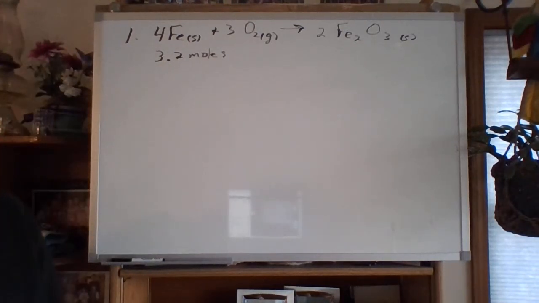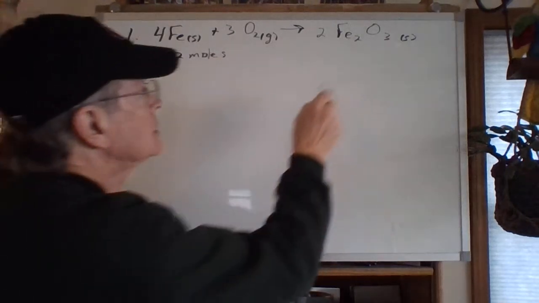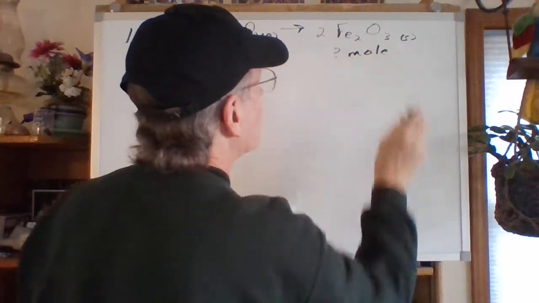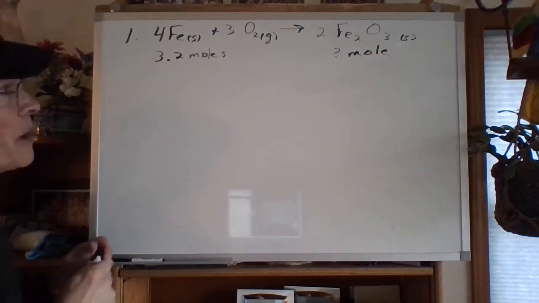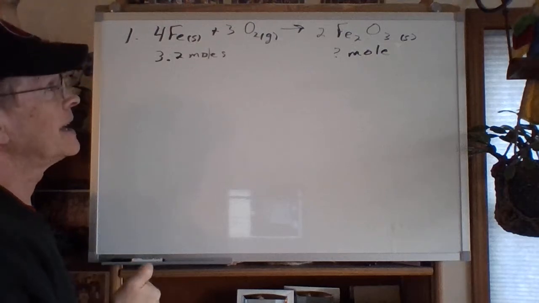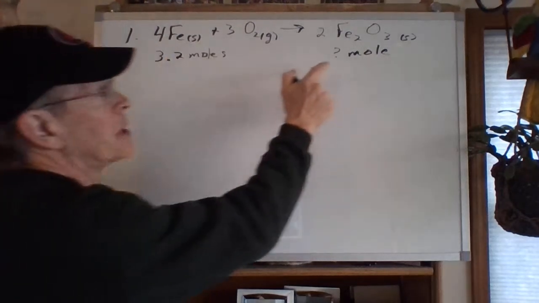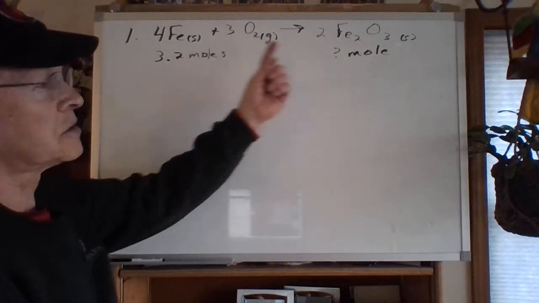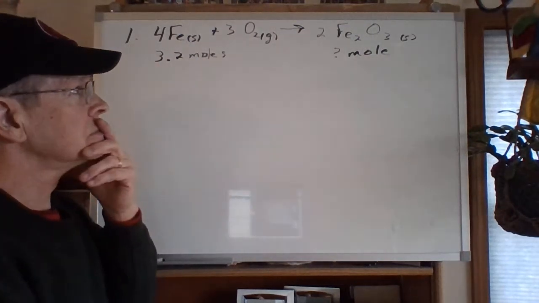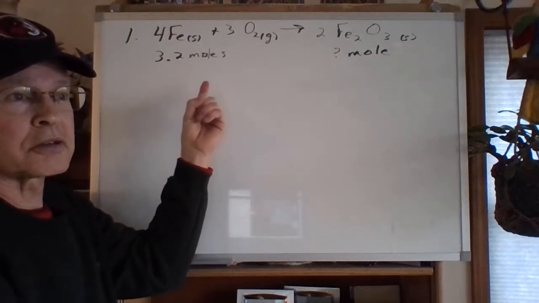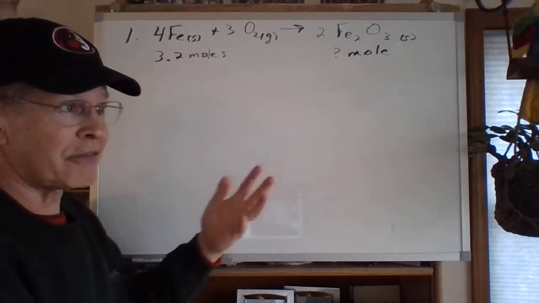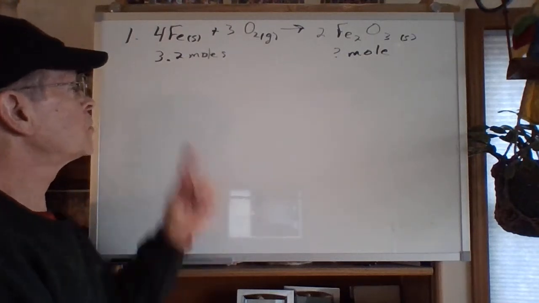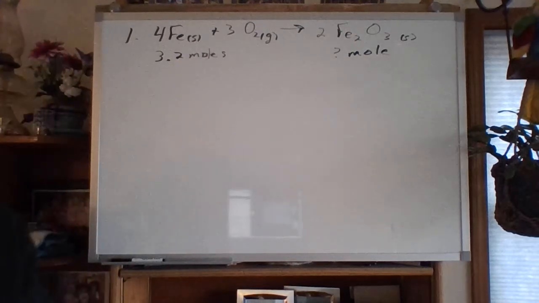How many moles of rust? Well, the balanced chemical equation tells us that 4 of those will make 2 of those, which is a ratio of half. So 3.2 moles of iron should make half as many moles of iron oxide, which is 1.6, right? That's the answer.